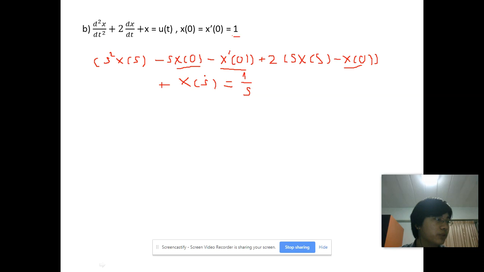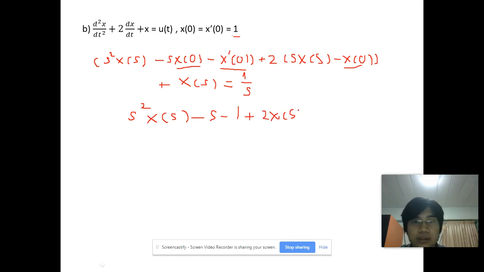So the equation will become s squared X(s) minus s minus 1, plus 2sX(s) minus 2, plus X(s), equal 1 over s.